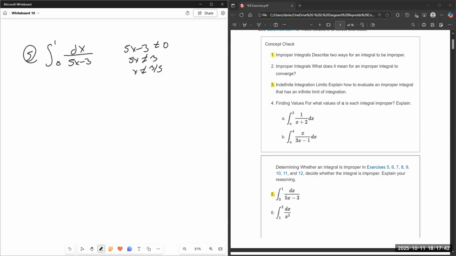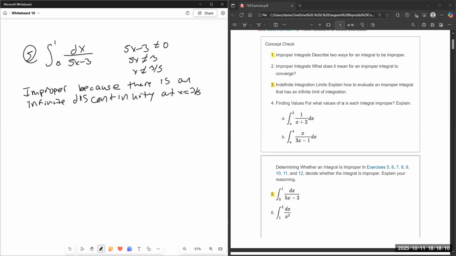So improper because there is an infinite discontinuity at x equals 3/5, and 3/5 is between 0 and 1.